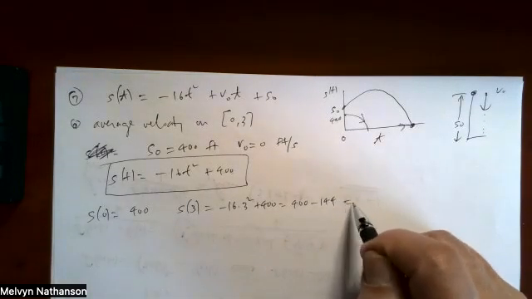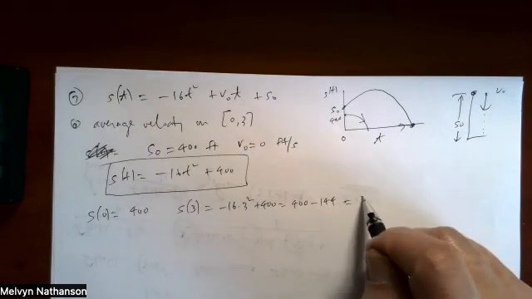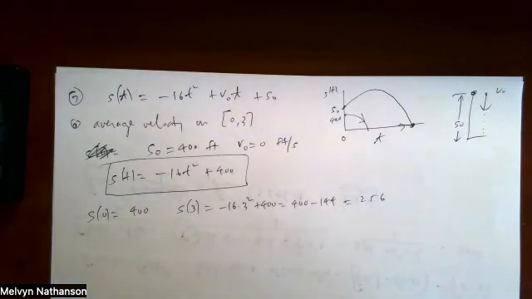What is that equal to? 400 minus 144 is 256. So that's the position after 3 seconds.